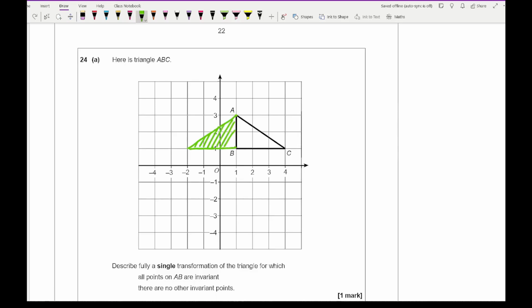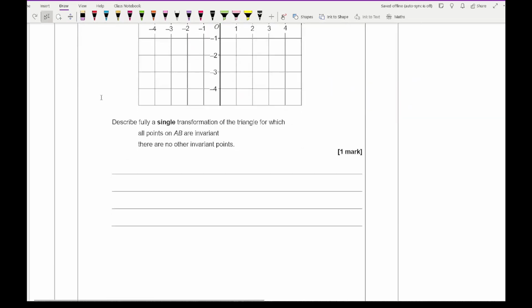So how do I describe that unshaded triangle to the green triangle? Well, that's going to be a reflection on the line x equals 1, or you could say AB would be absolutely fine for the 1 mark.